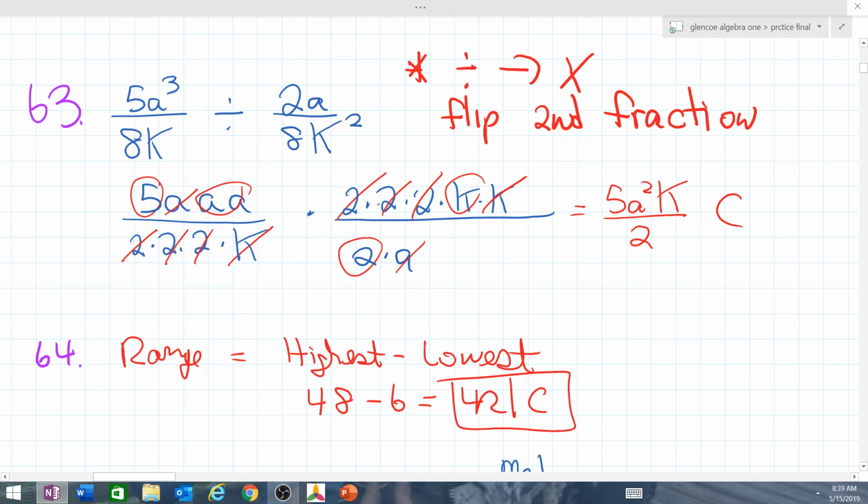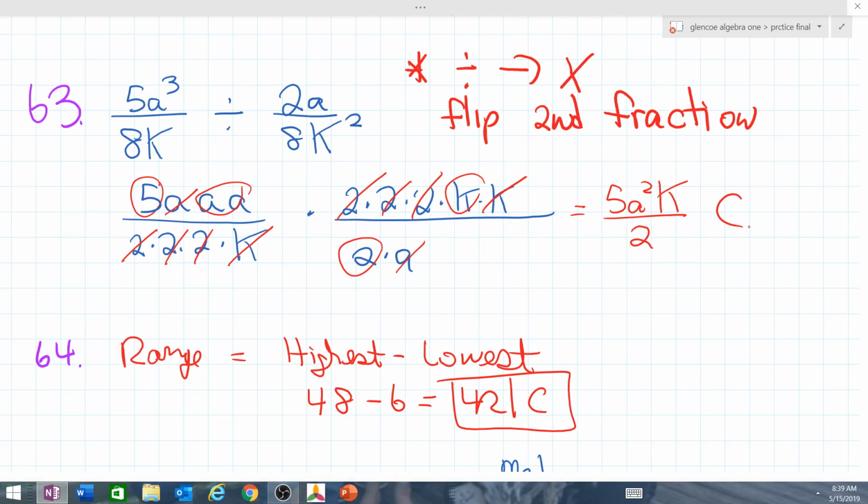So 8k squared will be on the top, which factors as 2 times 2 times 2 times k over 2 times a. And now we can have a canceling party. 3 2's and 3 2's, 1a and 1a, 1k and 1k, which leaves me 5a squared k in my numerator all over 2, which is choice C.